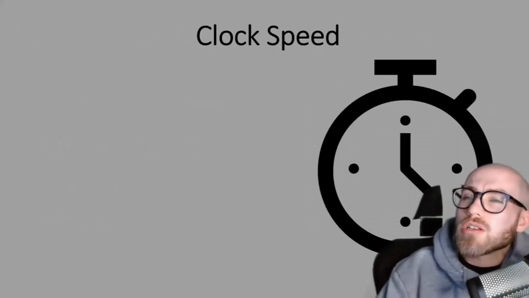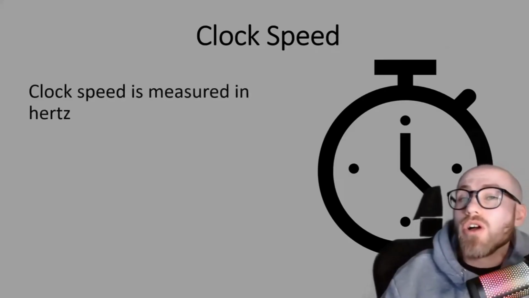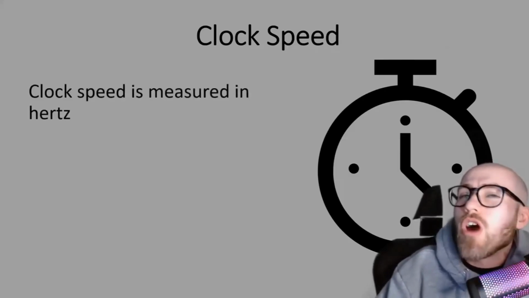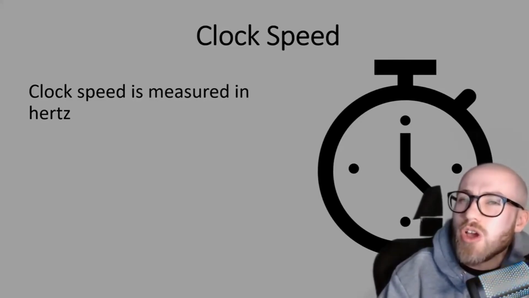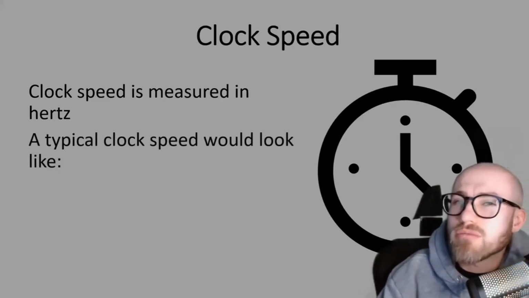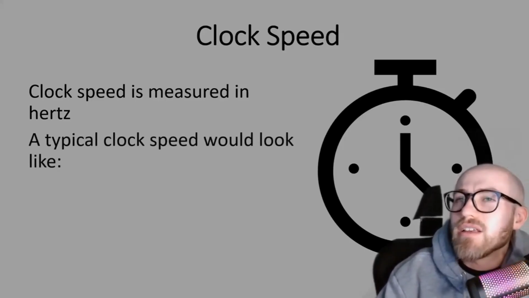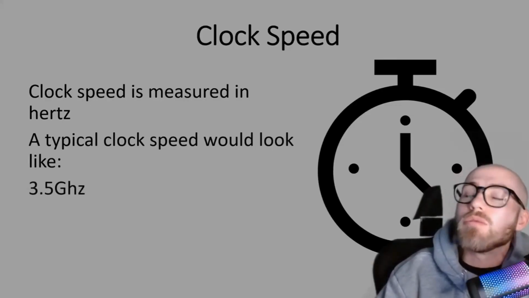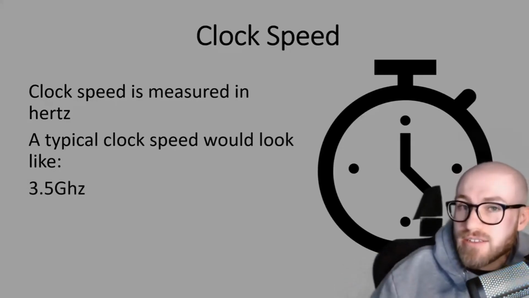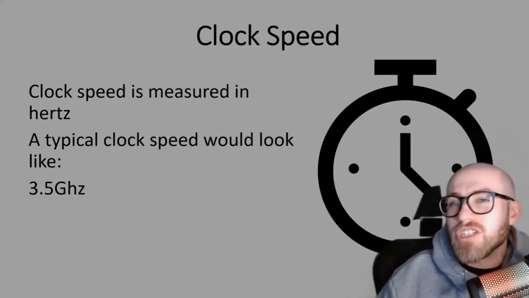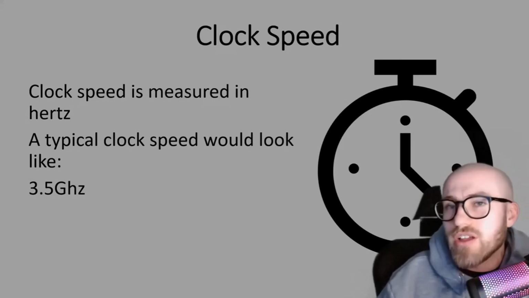Your clock speed is measured in what we call hertz, but on common up-to-date CPUs you won't often see just hertz. You're going to be looking at something like gigahertz. A typical clock speed would be something like 3.5 gigahertz, the G being the giga, but we've still got hertz in there.